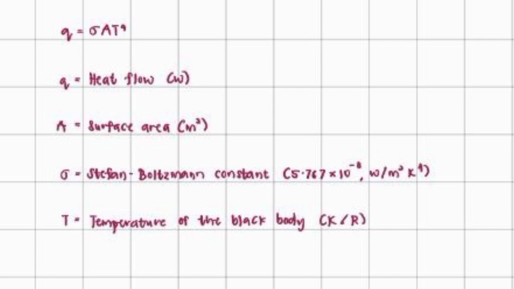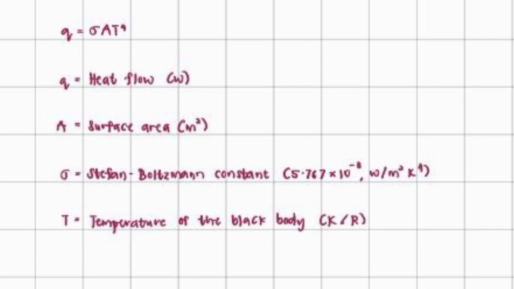We also have emissivity in this equation, which is dimensionless. It measures how effectively a surface emits radiation compared to a perfect black body. It has two ranges. First, emissivity equals 1, a perfect black body. Second, 0 < emissivity < 1, a real surface, that is a gray body, and it radiates less efficiently.